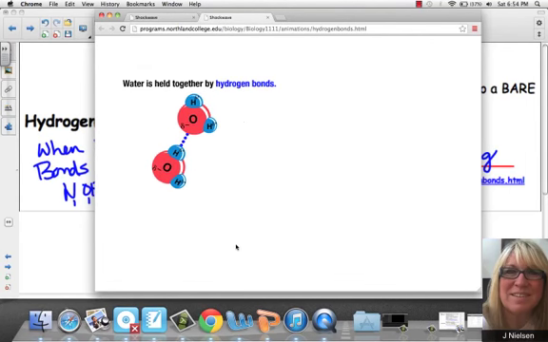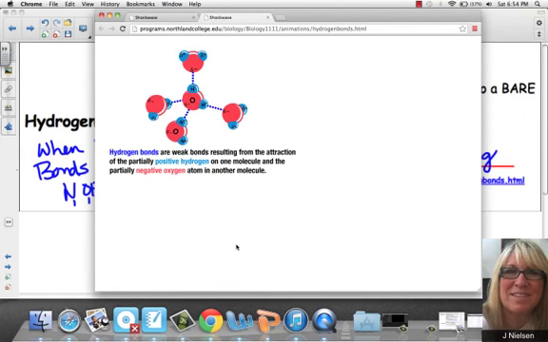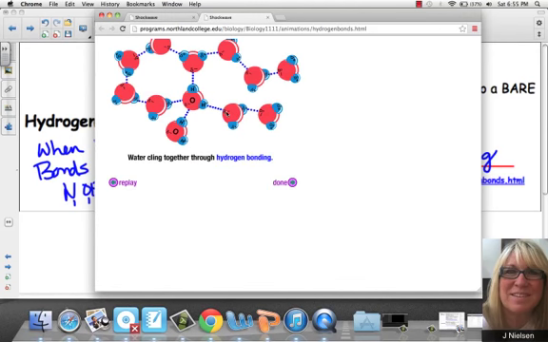Hydrogen bonding is a special type of dipole because it only happens when hydrogen bonds to NOF, nitrogen, oxygen, or fluorine. So here, the hydrogen of one water molecule is attracted to the oxygen side of another water molecule, and it forms this network.